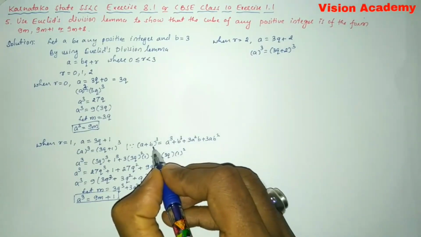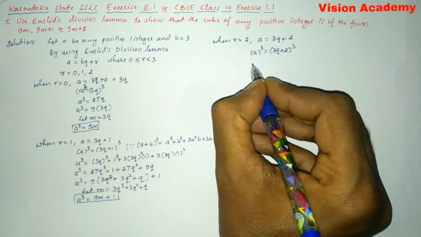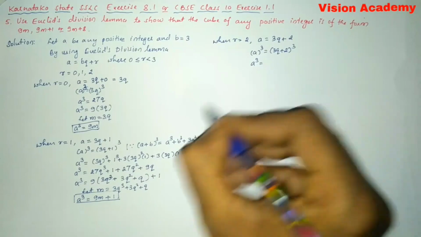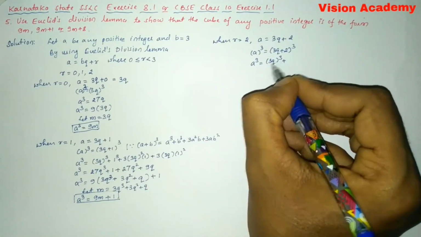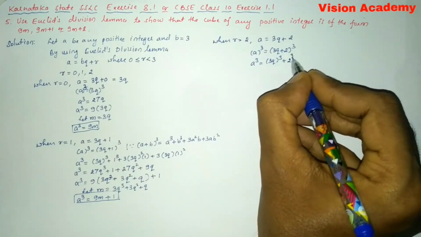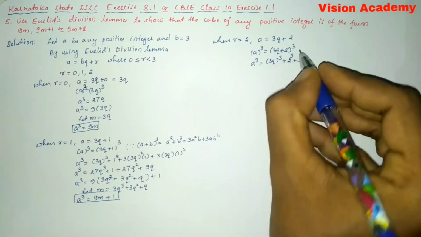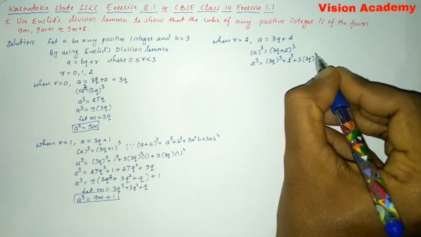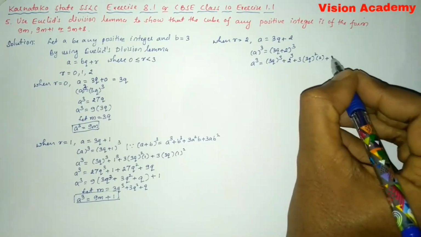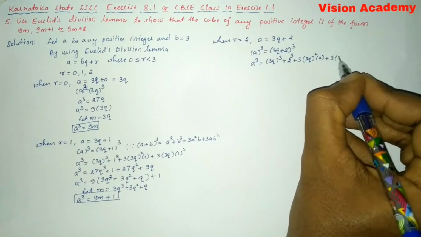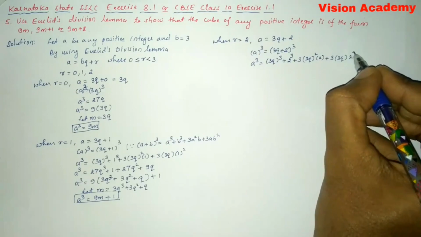So again we are going to use this particular identity to expand this particular expression. So let us write a cube is equal to, here a cube is 3q cube plus b cube is 2 cube plus 3 into a square is 3q square into 2 as b plus 3 into a is 3q into b square is 2 square.